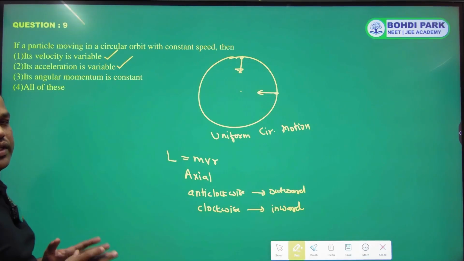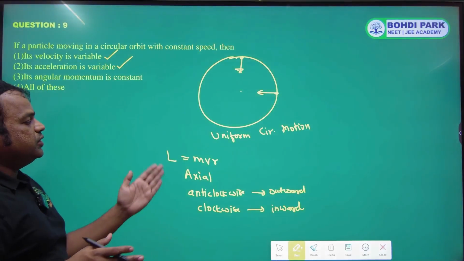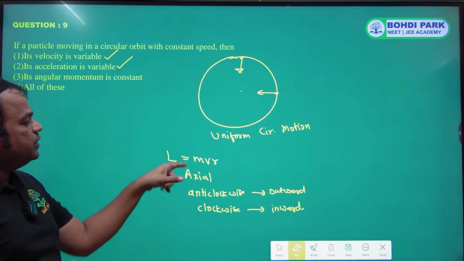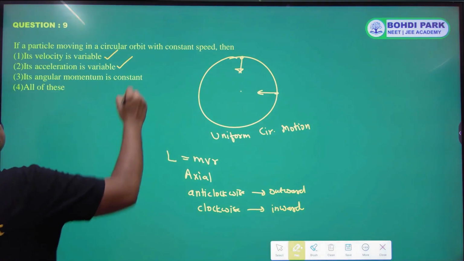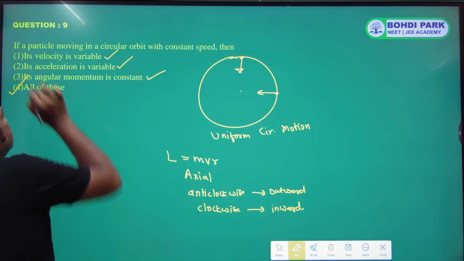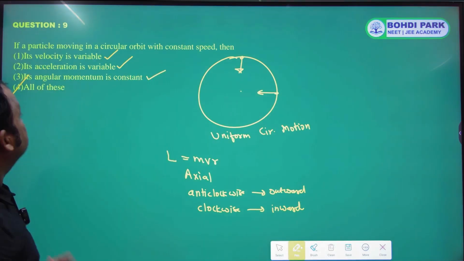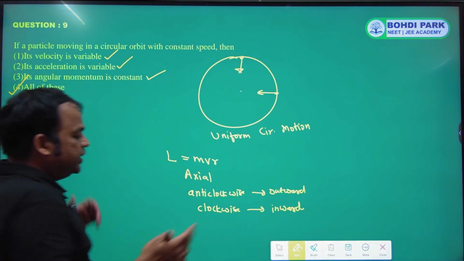So if it is uniform circular motion, direction of angular momentum is constant and speed is also constant, so magnitude also constant. So angular momentum is constant, so our answer is fourth option, all of these. Done. Now next question.